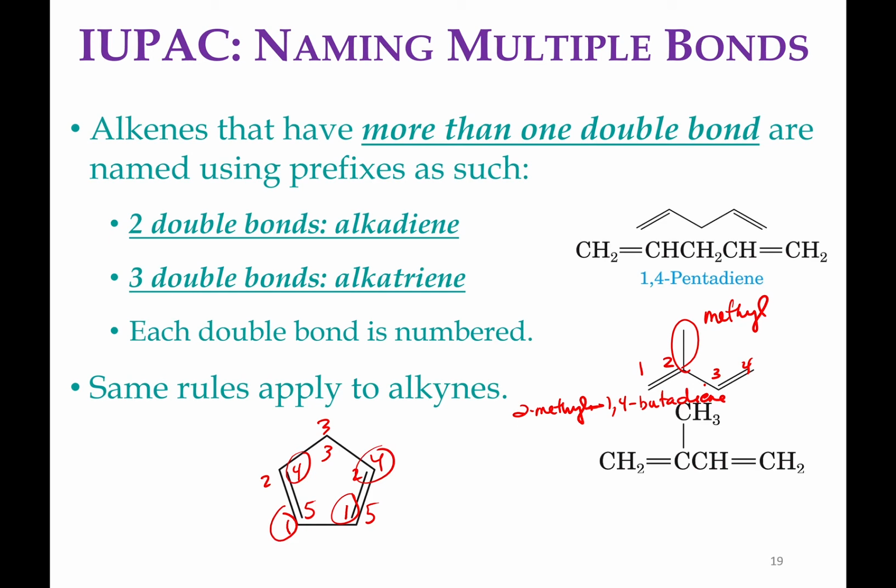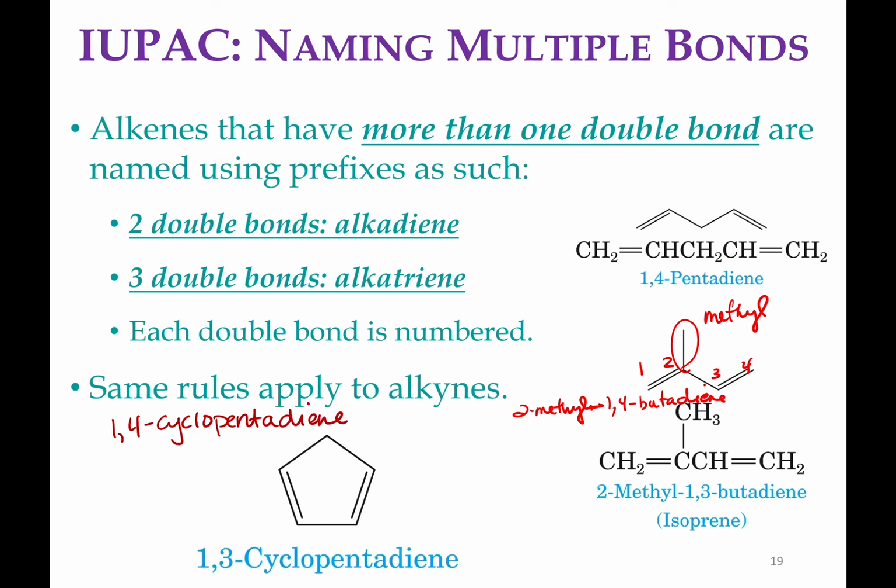So I'm going to have 1,4-cyclopentadiene, because it's 5, a diene. Now this is known as an isoprene unit. We're going to talk about that in just a few slides. I'll give you some more information on that.